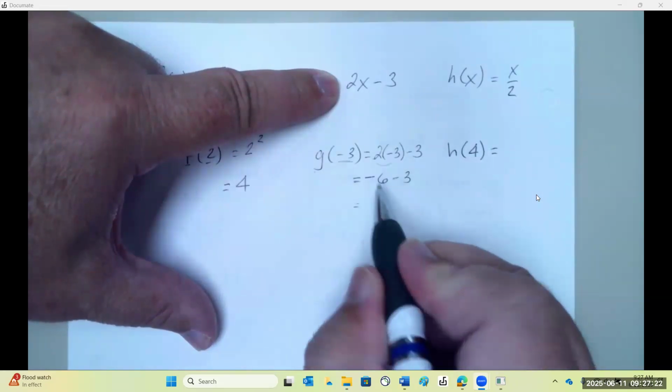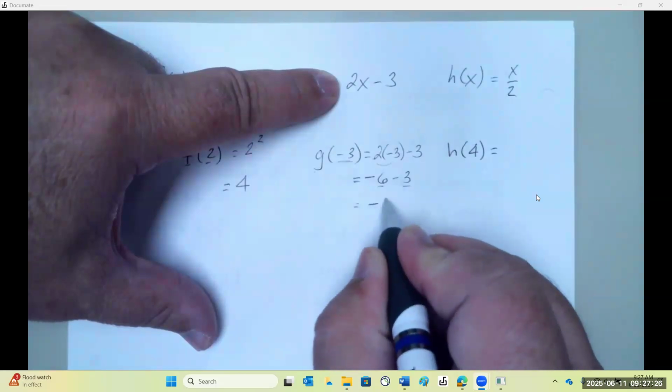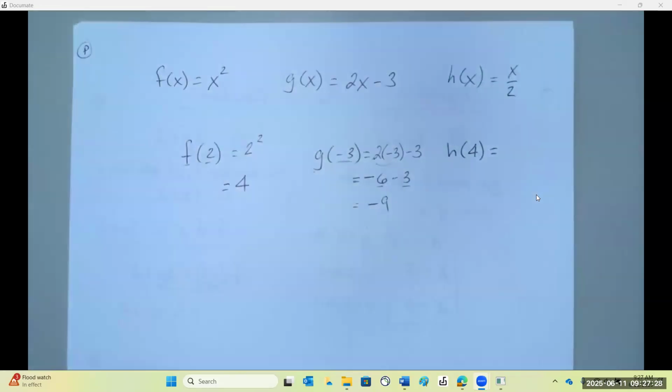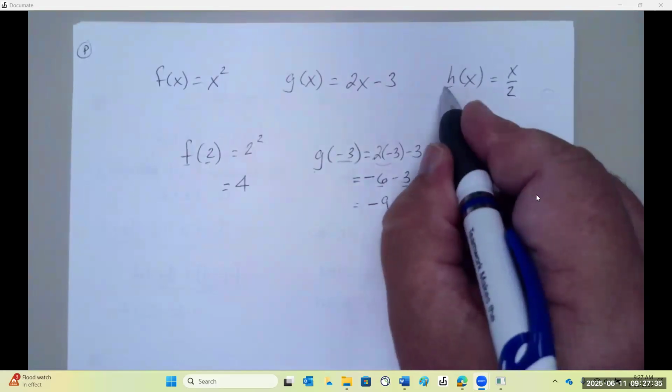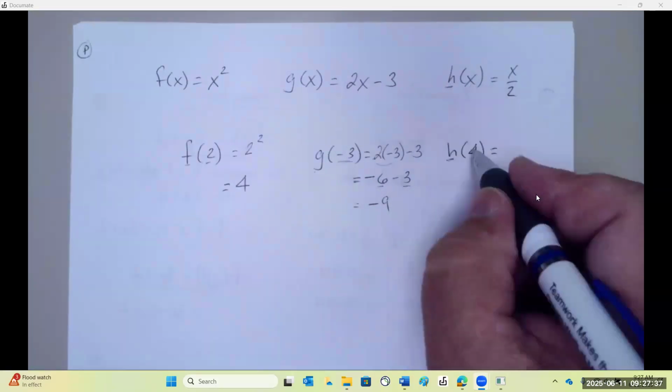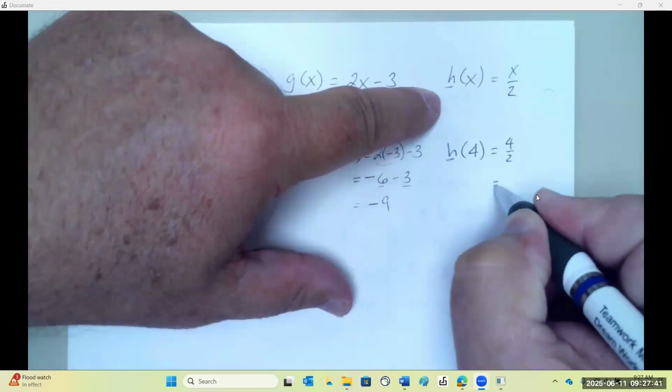They're both negative, so the answer is negative. So we add them. 6 plus 3 is 9. And the third one, I go to function h. In place of x, I put 4. So I have 4 divided by 2, which is 2.